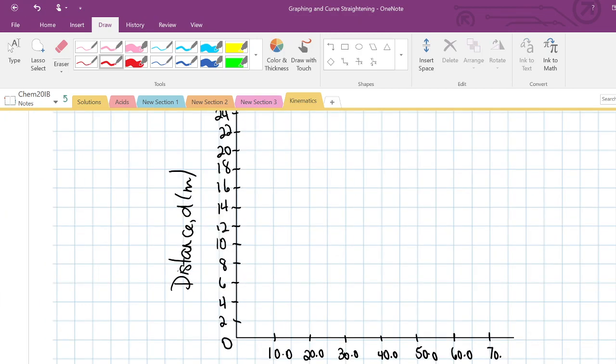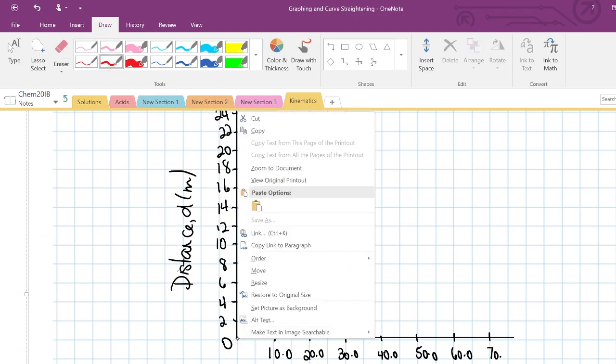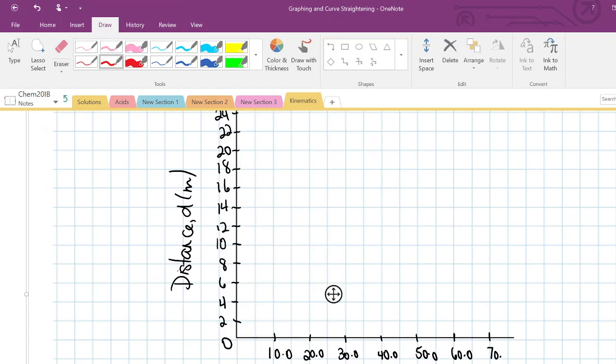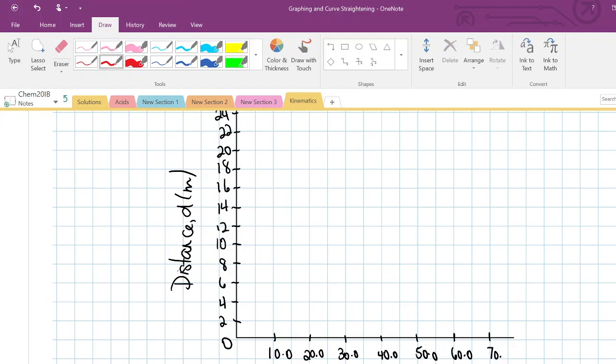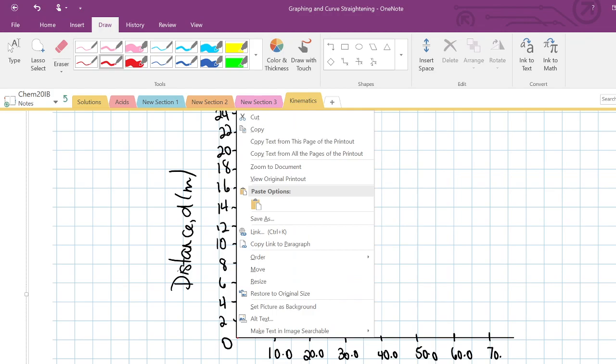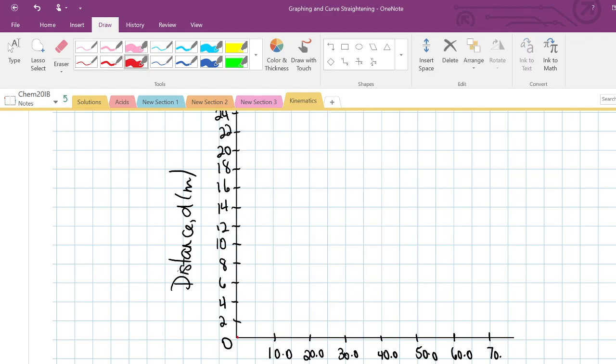There we go. Okay, there's my 1 point. My 1 is going to be ever so slightly over, so not very far from that first point.